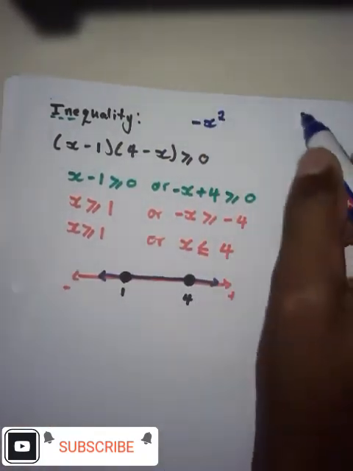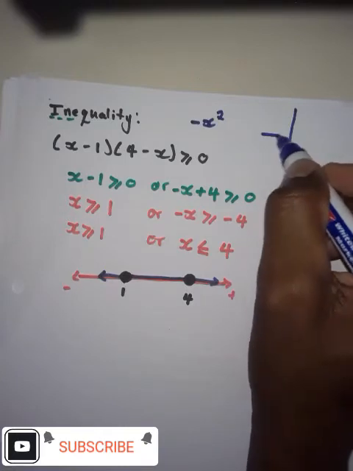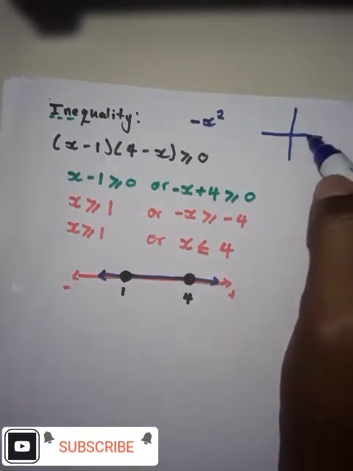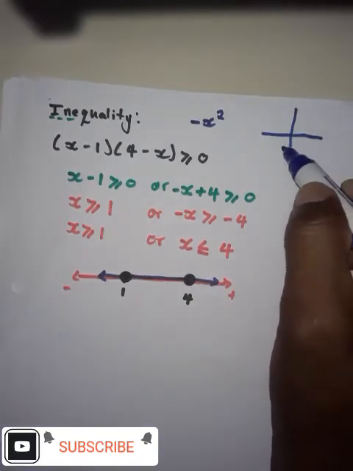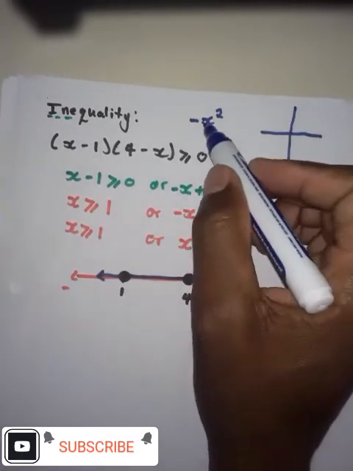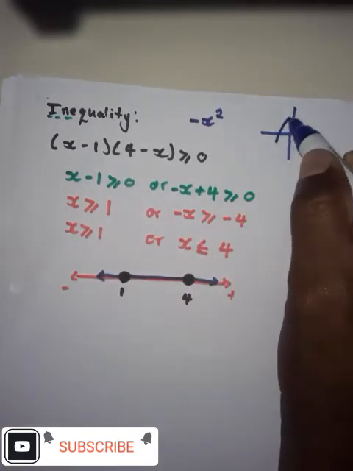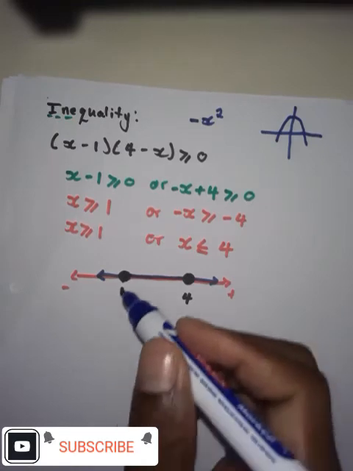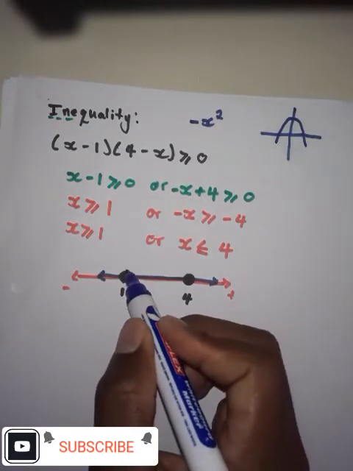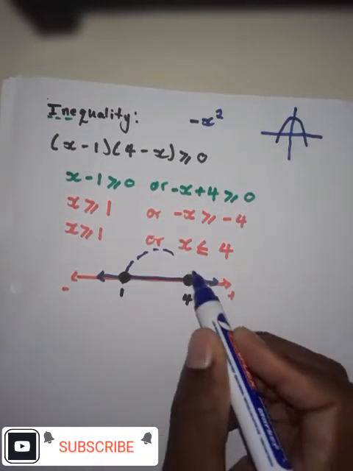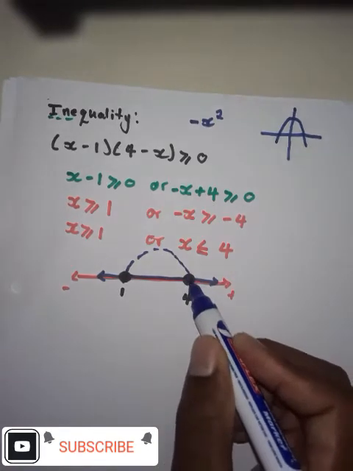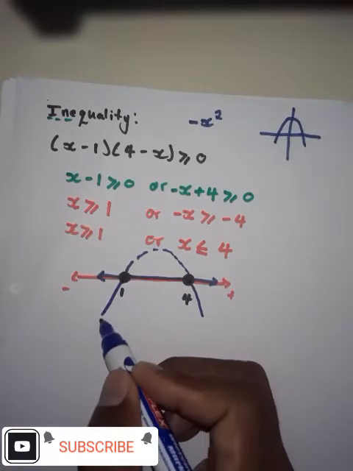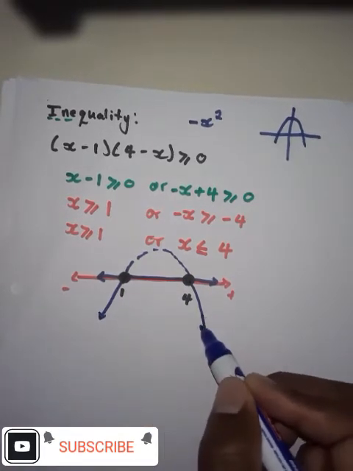This tells us that our graph is pointing downwards. Remember that as a grade 11 learner, you must know that if this is minus, then your graph is going to point downwards like this. So that means we have a parabola that was coming here, turns at a certain point, and goes downwards.